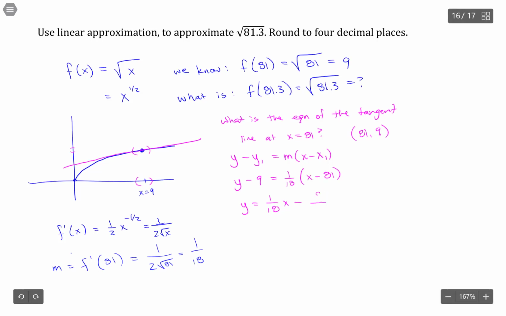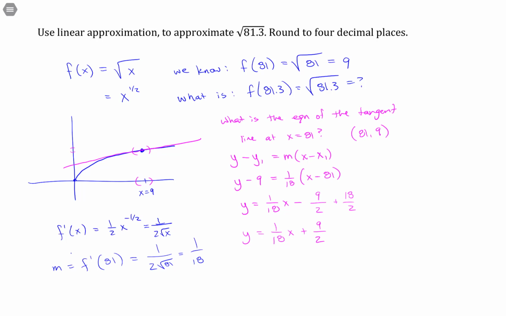So 81 over 9 is 9, 18 over 9 is 2, and then I'm adding 9 to this side, so adding 9 is the same thing as adding 18 halves. So y equals 1/18 x plus 9 halves.